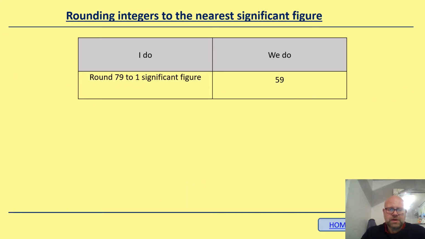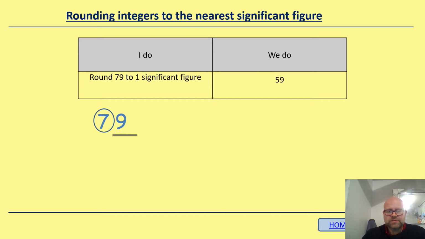Okay, I'm going to do this. I do. Round 79 to one significant figure. There's our number, 79. We're going to circle the 7. Because it's one significant figure, our cut-off point is after the 7, so we're interested in the 9.